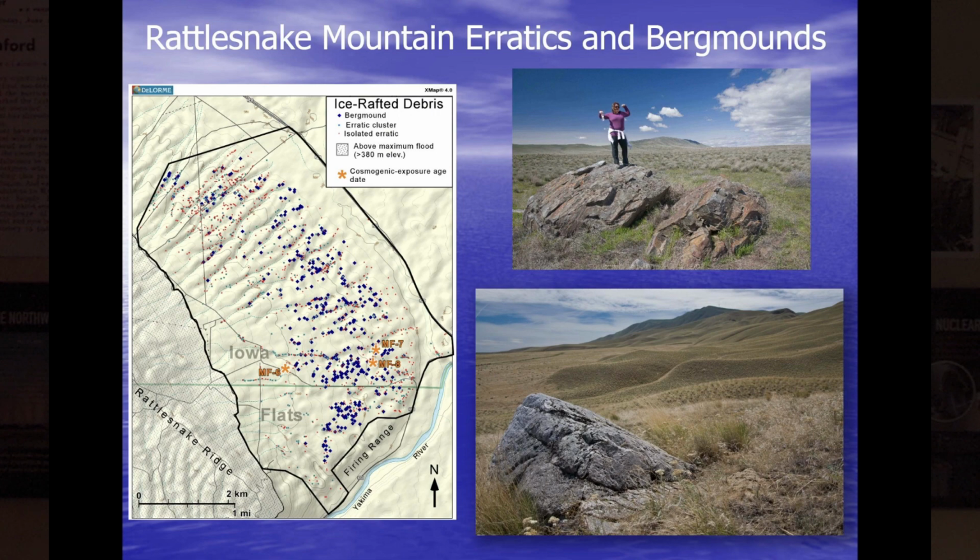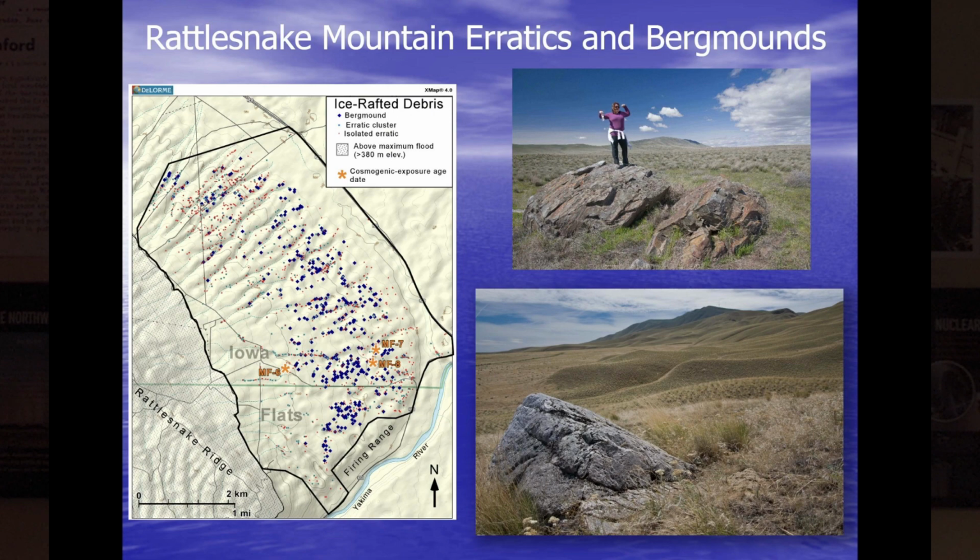I located where they were on a map and the type of rock and that kind of information. Here's just two examples of some of the 2,000 erratics that I found on Rattlesnake Mountain. The upper one is argillite. Again, we can trace this back to northern Idaho, and the lower one is a piece of granodiorite.